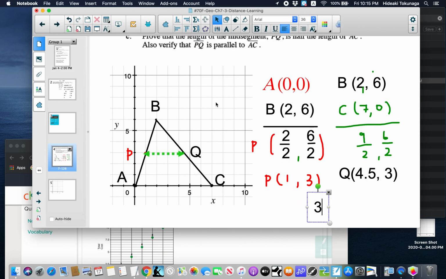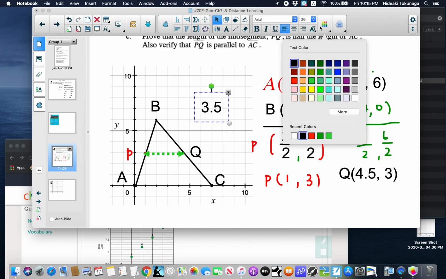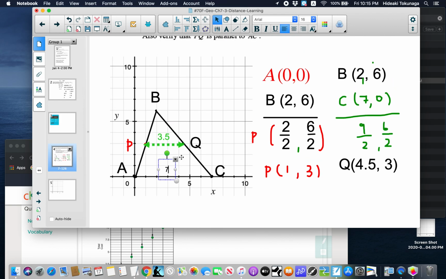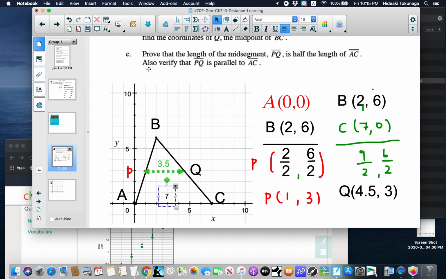I put 3.5 here. Obviously 7 minus 0 is 7, and half of 7 is 3.5. So that's the proof: PQ is half the length of AC.